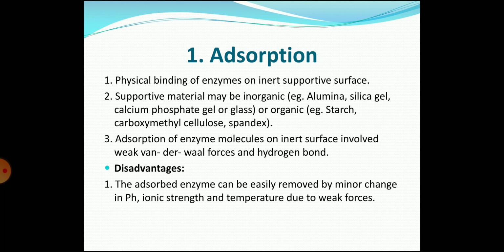Adsorption of enzyme molecules on the inert surface involves weak van der Waals forces and hydrogen bonds. The disadvantage of this technique is that the adsorbed enzyme can be easily removed by minor change in pH, ionic strength and temperature due to weak forces.